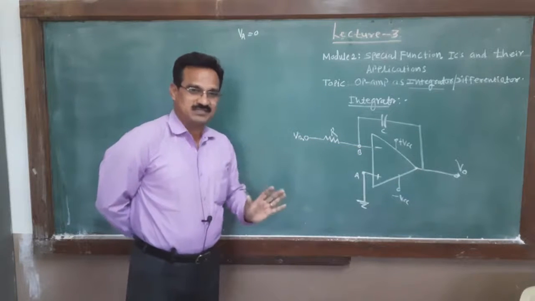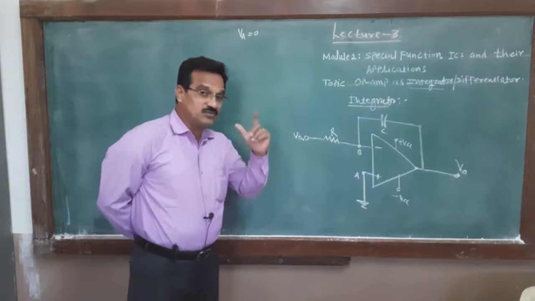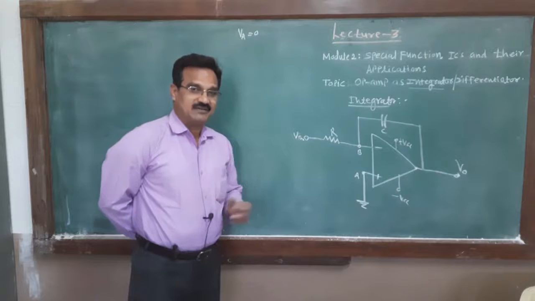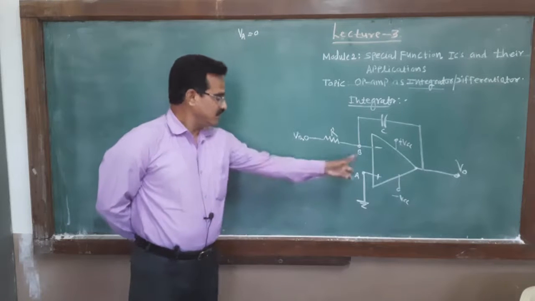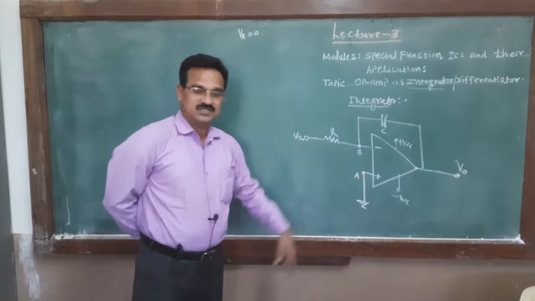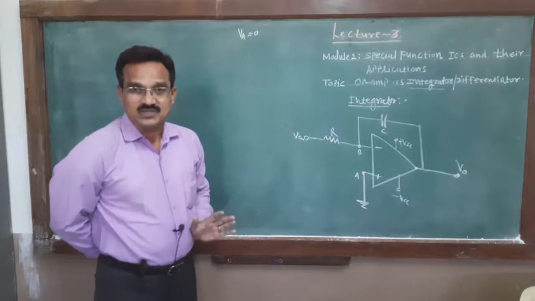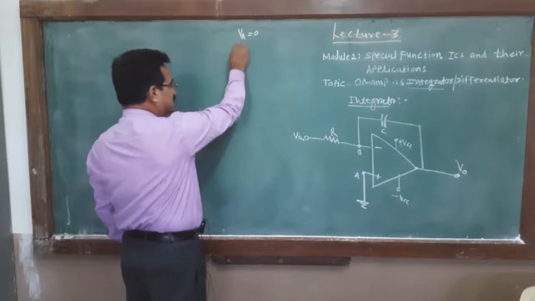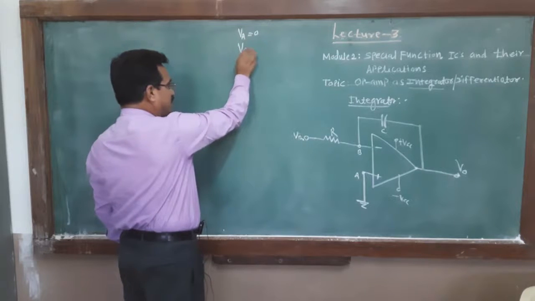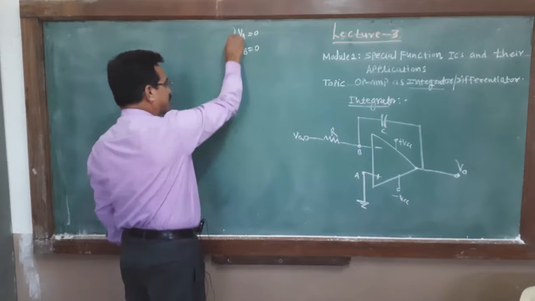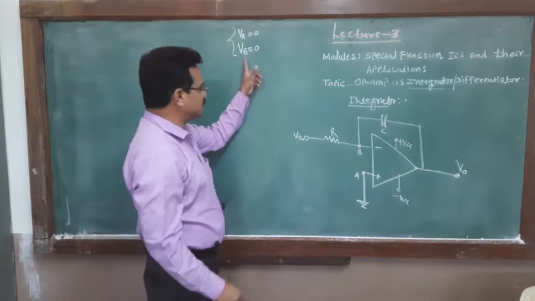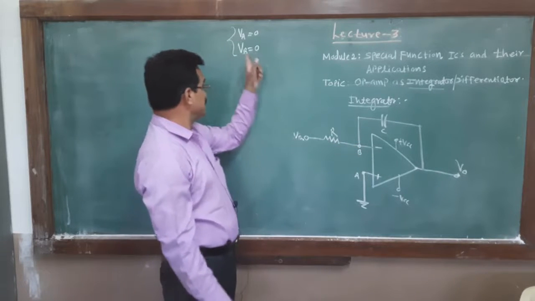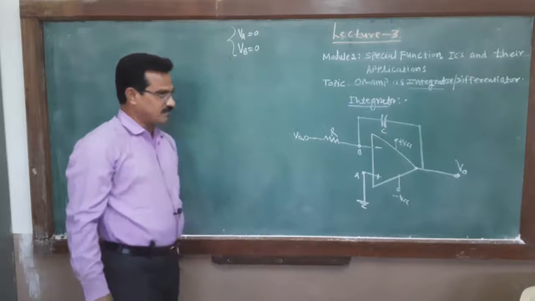Last time we already considered this, because the gain of the operational amplifier is ideally infinity. When the gain is infinity, the difference of these two voltages must be equal to 0. Therefore, if VA is equal to 0, then VB must be equal to 0. This point acts as a virtual ground point, and the voltage at this point, VB, is equal to 0.